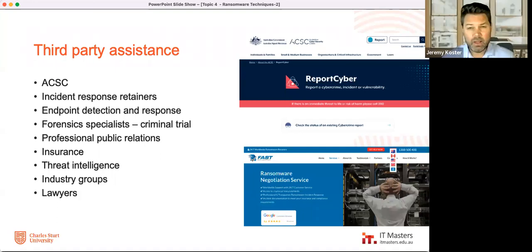Now, engaging professional public relations is also very important if it is an enterprise organization. In some ways, I think when one of these attacks happens, it's something bad. Everyone is a bit damaged by it, scared by it. There's not too much an organization can do to come out looking good from an incident.